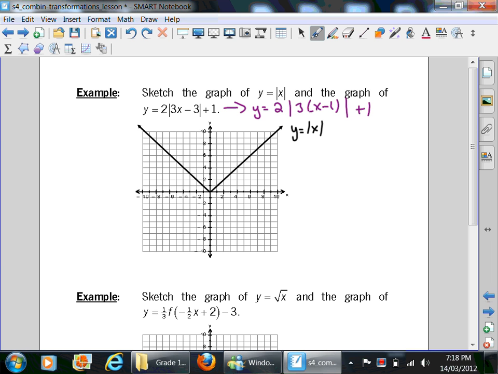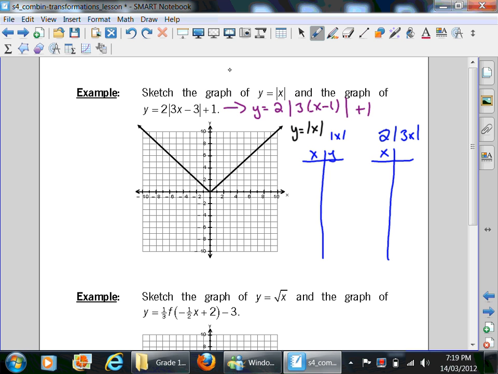So what we need to do is make table values for this. So, basically, I'm going to take some xy values for the absolute value of x, and then come up with new values for 2 times the absolute value of 3x.